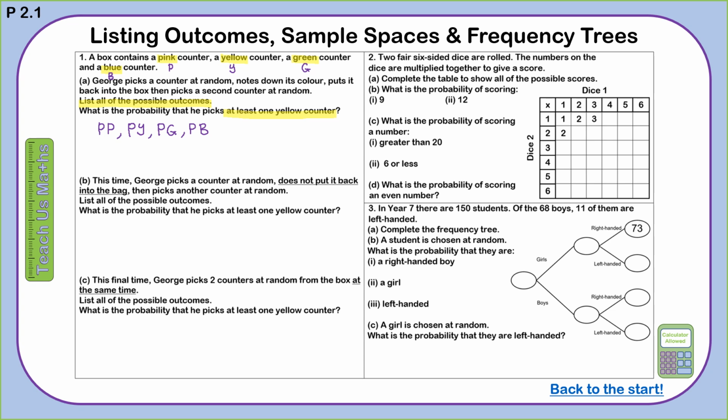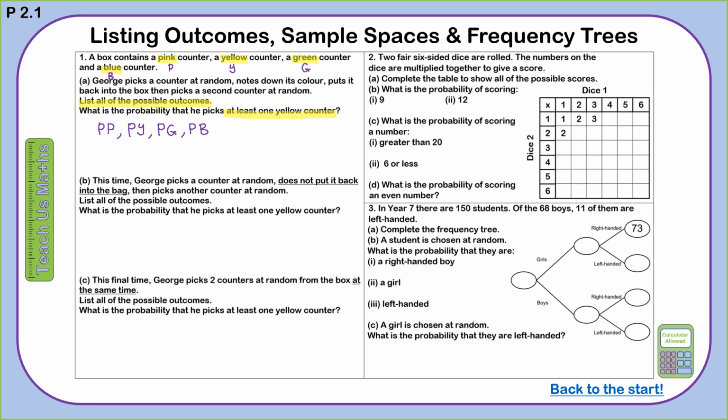So here we have got 4 different outcomes where George is selecting a pink counter first. Notice how I've systematically worked my way through the colours as they are written in the question.